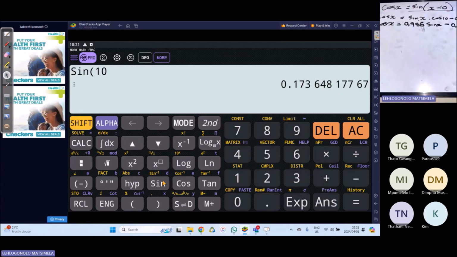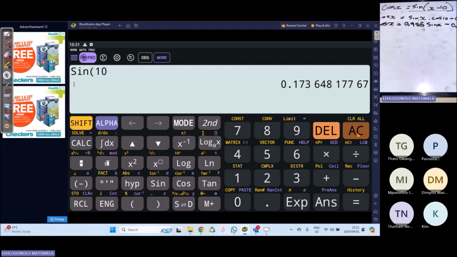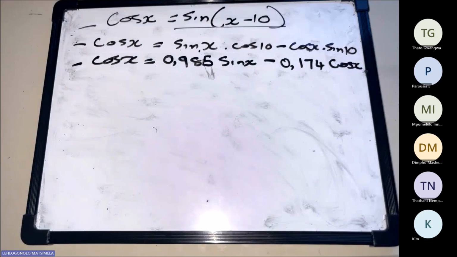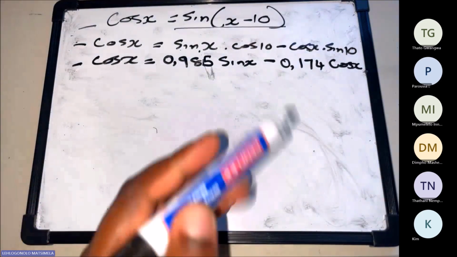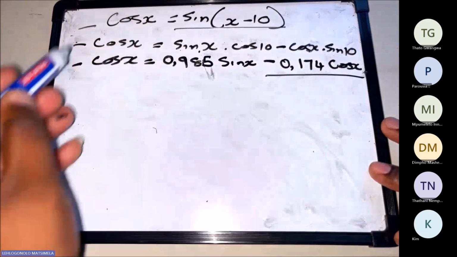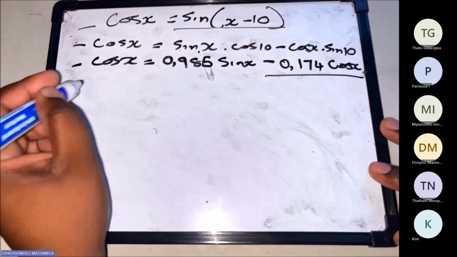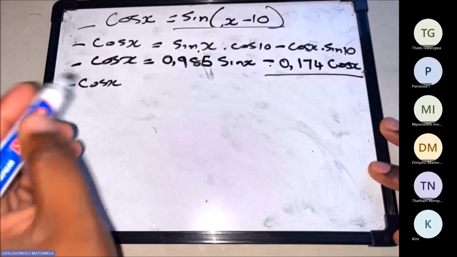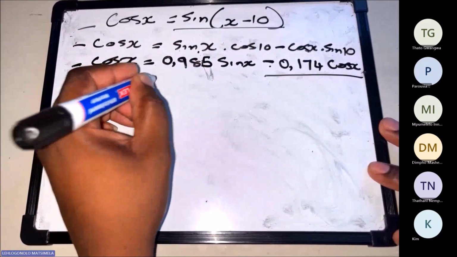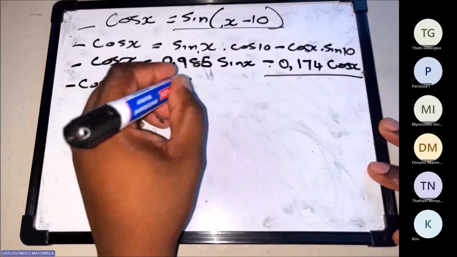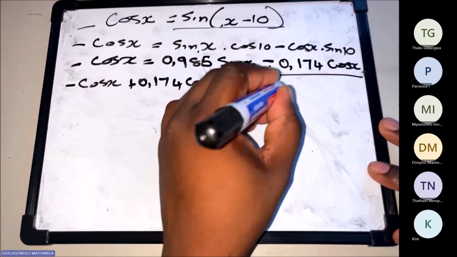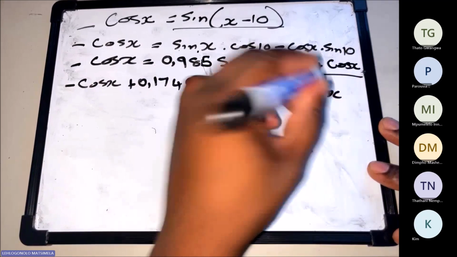Now with this one, I will have to work mathematically. So it means I'm having cos and also sine at the same time. So I can take this negative cos x to the other side. This one will become positive on this side. That will give me plus 0.174 cos x is equal to 0.985 sine x.